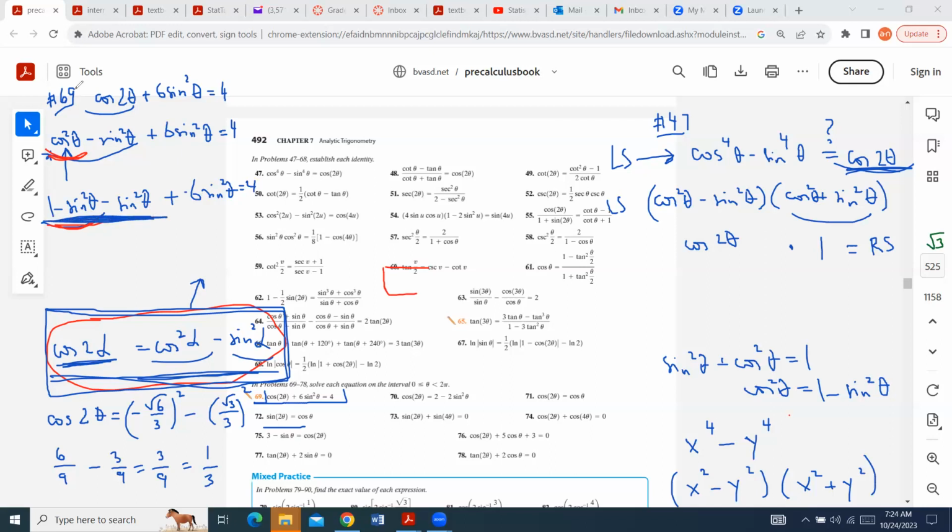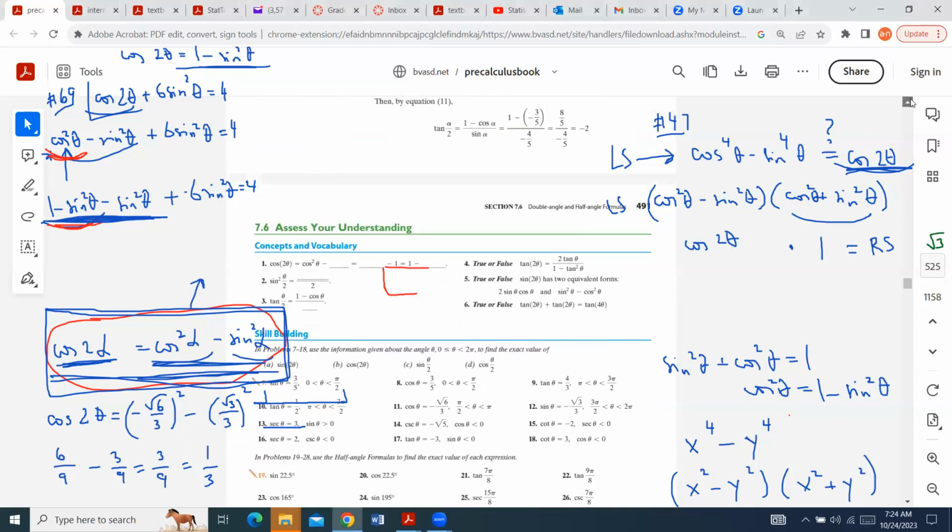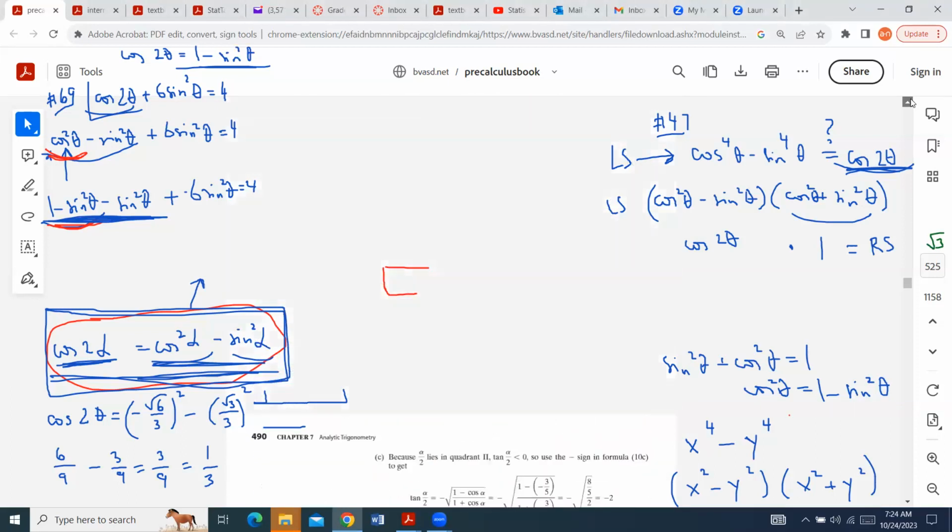So instead of writing cosine of 2 theta, cosine produced 1 minus sine squared. You see? That's another way to write the formula below. And I want to scroll up a little bit and show you that list of formulas I was referring to in the beginning of today's class.